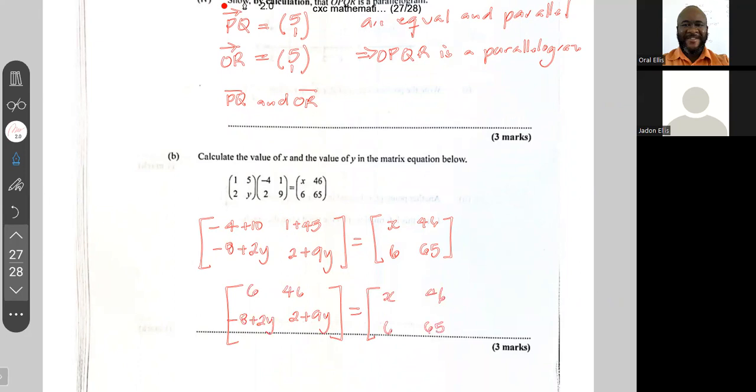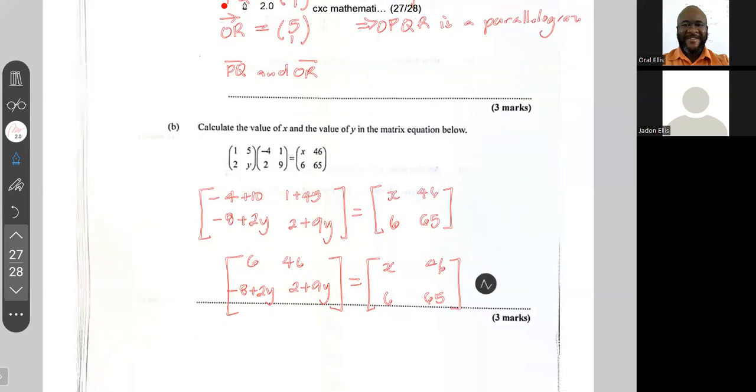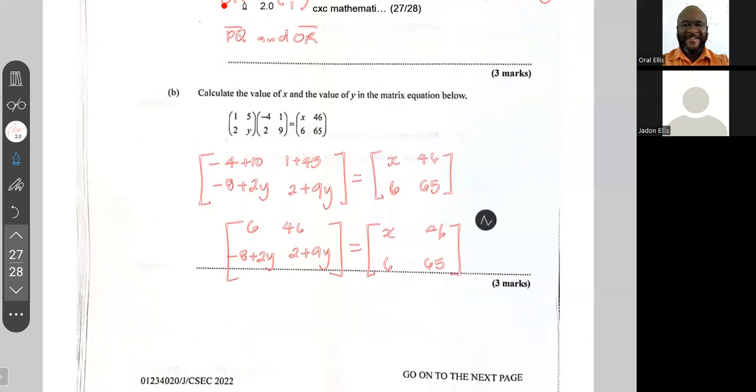So what that means is this. If two matrices are equal, corresponding elements are equal. Corresponding elements means elements in the same position. So 6 is the top left on the left, and x is the top left on the right, so x is equal to 6.